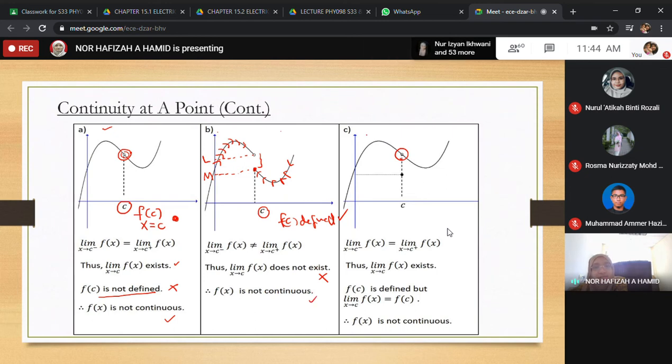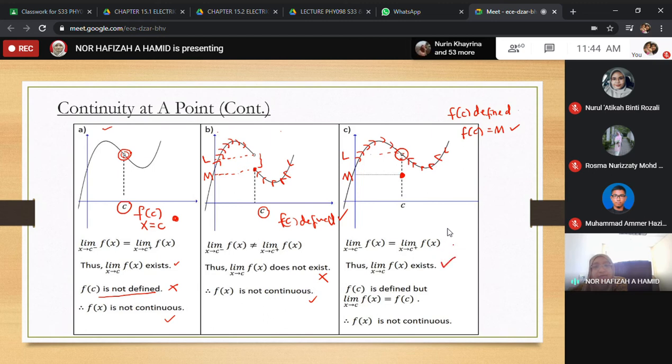And for graph C, okay, so kalau you check the first condition for f(c), so f(c) is defined. Sebab you ada value dense circle kat sini. For example, value dia is M. So f(c) is equal to M. Okay. Tapi kalau you refer to condition number 2, so condition number 2 for limit. So limit bila dia approach c from the left, for example you have L. So bila dia approaches c from the right, also you dapat L. So limit dia exist ya.